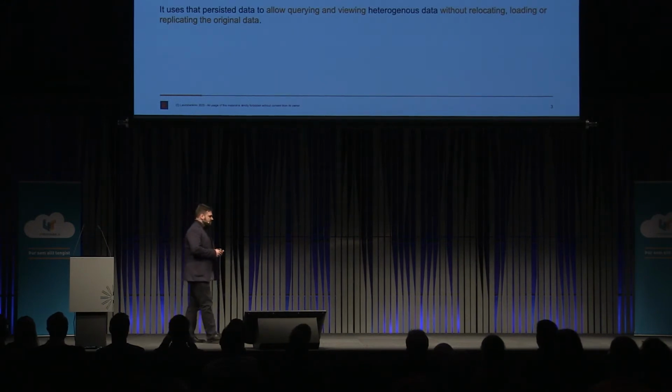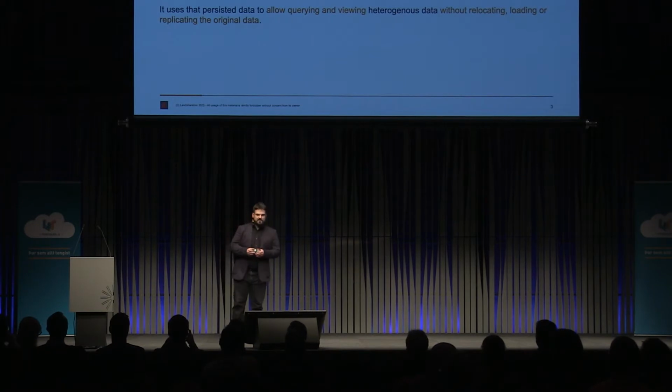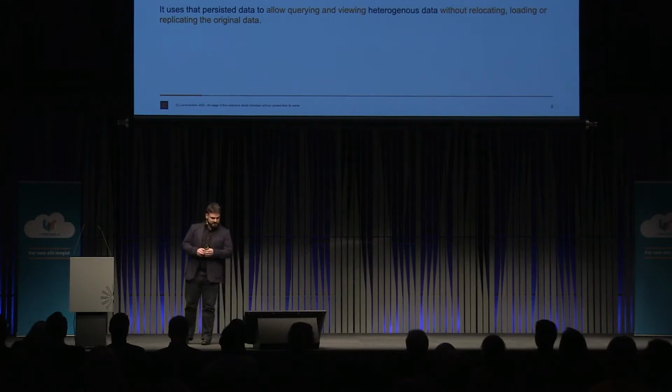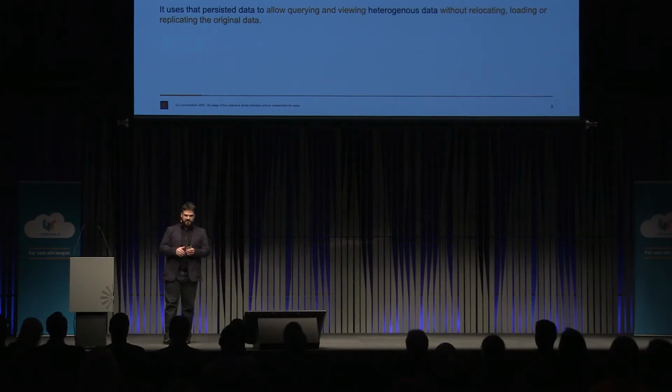It uses the persisting data that you have in your physical data warehouse to mix it with different data sources without having to physically move and store the data anywhere.